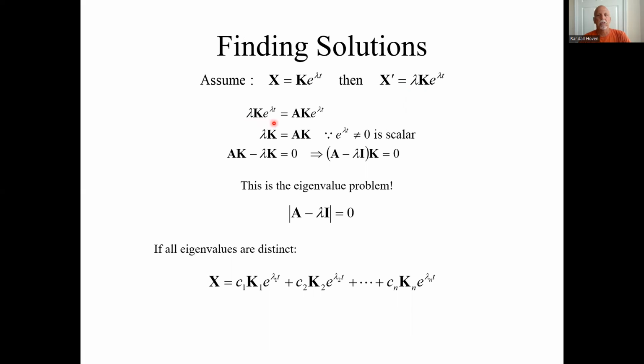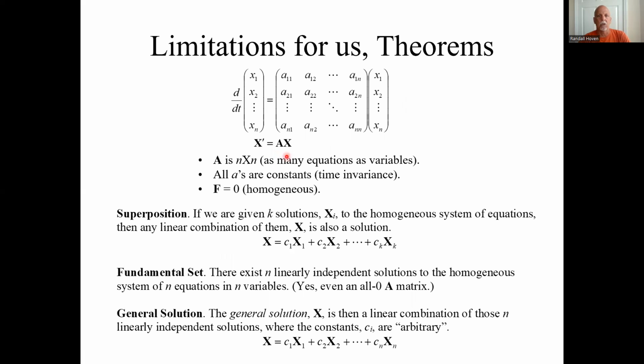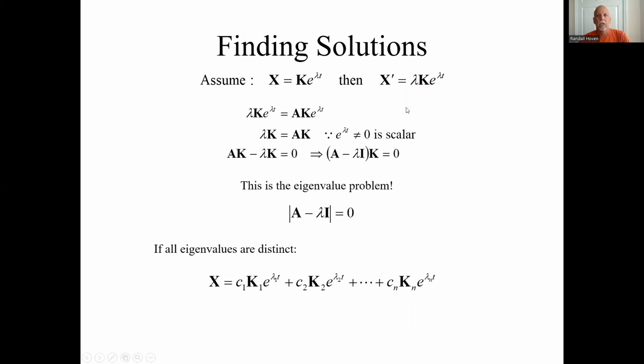So here is x prime equals Ax. That's the equation we're solving, right? And if x equals this, x prime equals Ax becomes this. Divide out e to the lambda t, it is a non-zero scalar. I'm left with this equation, which is the eigenvalue problem.